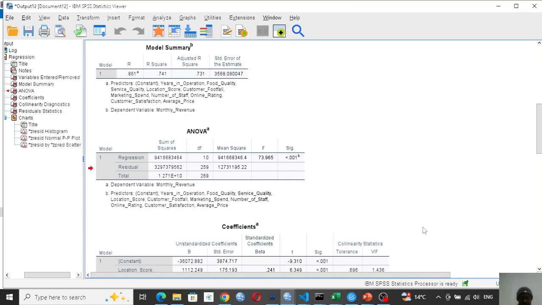By adjusting the R square, the actual contribution of the predictors to the dependent variable is 73.1%. Like I said, for the R square, when we add more variables, it keeps increasing, but the adjusted one will detect if some variables have been added that have no value. So you see it has reduced the R square value. That is basically the work of the adjusted R square, and it is what we use in our reporting.